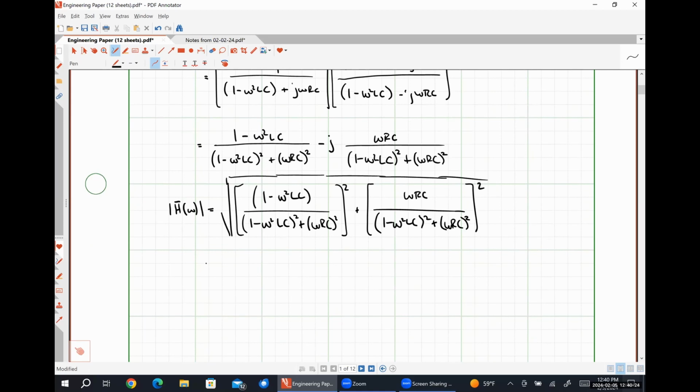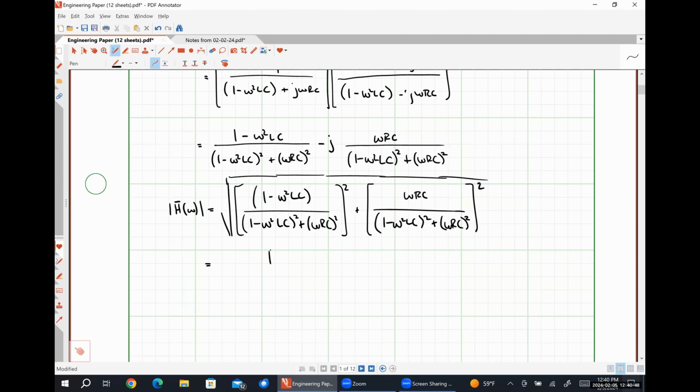And this is one of the easier ones, right? So we're squaring the numerator for each part. So I'm just going to have what winds up being 1 minus omega squared LC squared plus omega RC squared in the numerator. And that exact same thing in the denominator, except the whole thing squared, right?